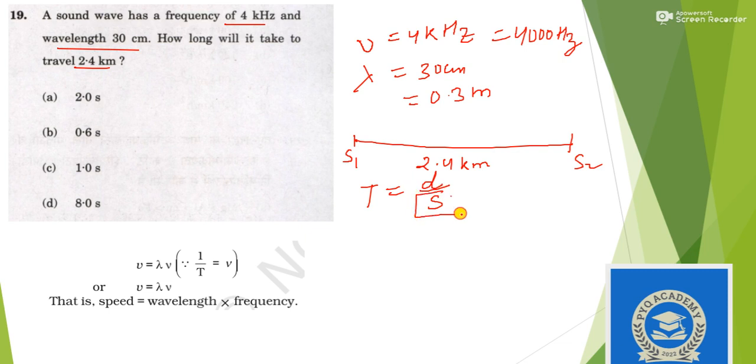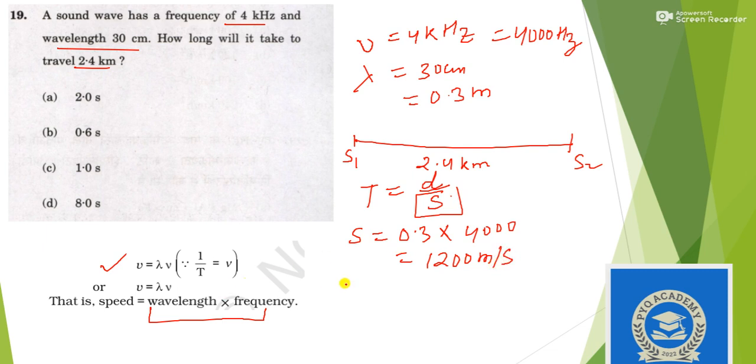We need to find the speed. The speed formula is directly given in NCERT, which is wavelength into frequency. So speed equals wavelength, that is 0.3 meter, into frequency, that is 4000 hertz. So this will be 1200 meter per second.